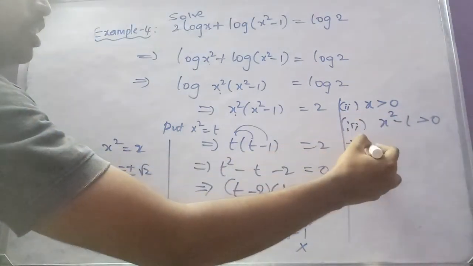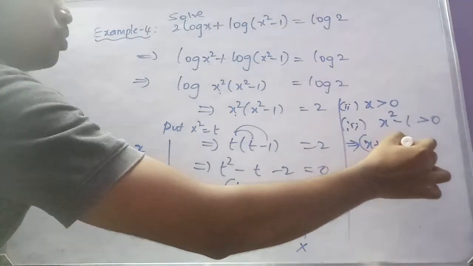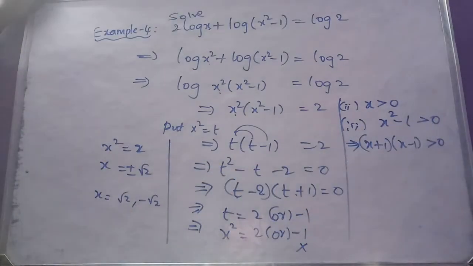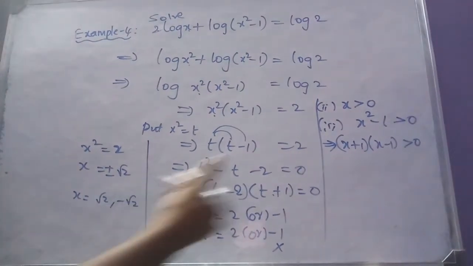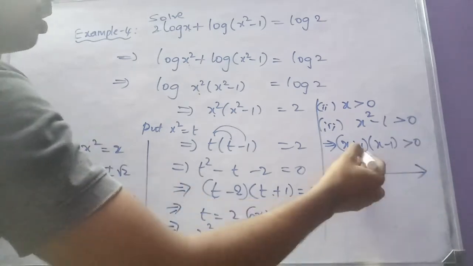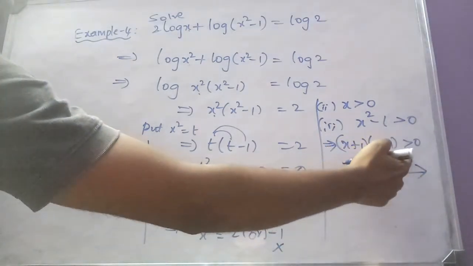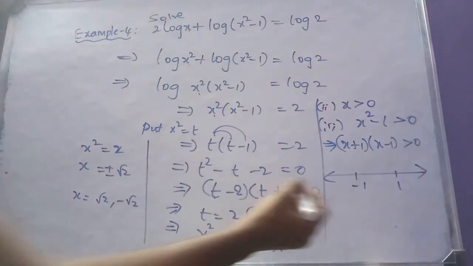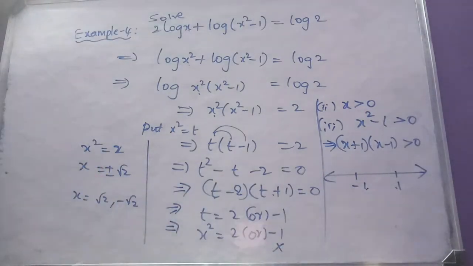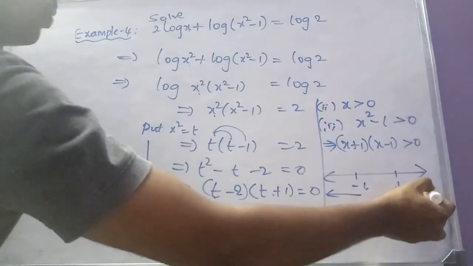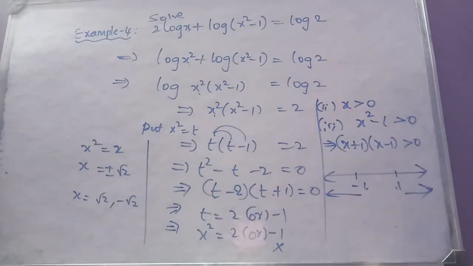So if you factorize it, you'll get x plus 1 into x minus 1 greater than 0. This says take the zeros minus 1 and plus 1, and since the symbol is greater than, we should not take the values between minus 1 and 1. So take the values less than minus 1 or greater than plus 1.